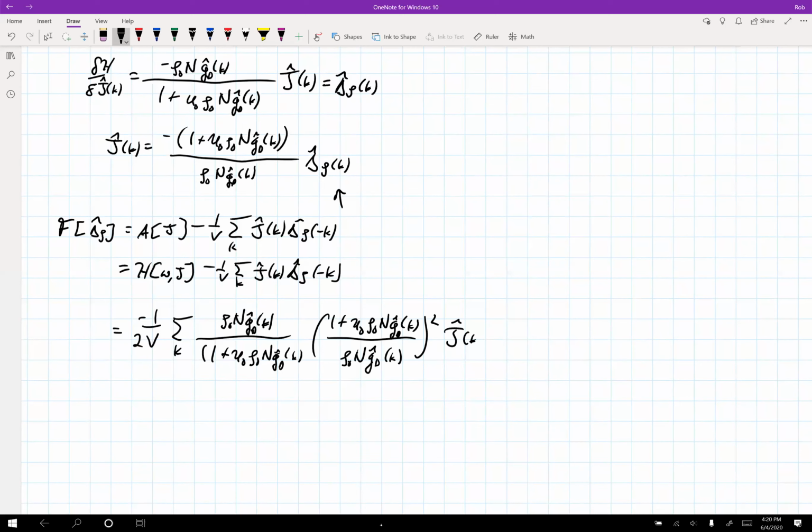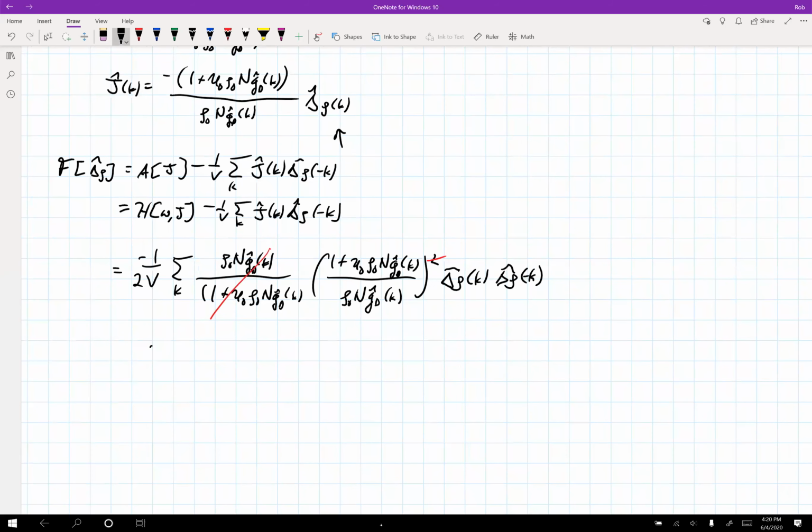This is density now, so delta rho hat of k, delta rho hat of minus k. All right, and so we have a common term here, so that is going to kill off the square there. So that's nice. And then now we still have to tack on to this the term from the actual Legendre transform. So we have plus 1 over V sum over k. Let me make sure that I get this right.